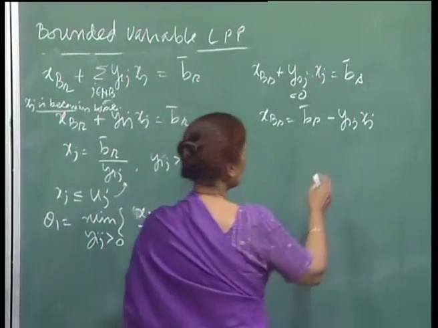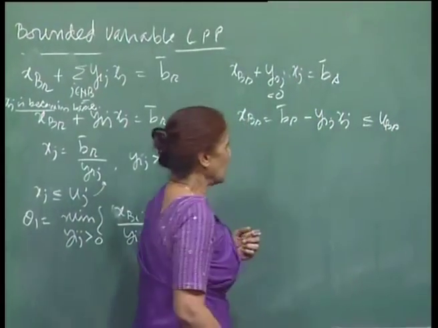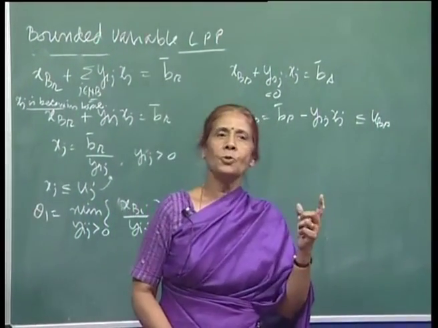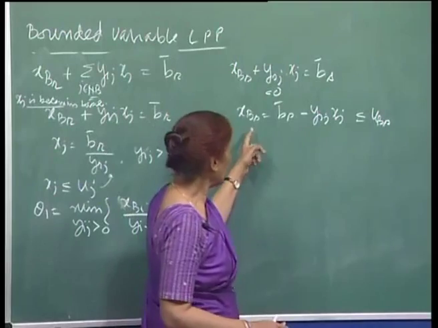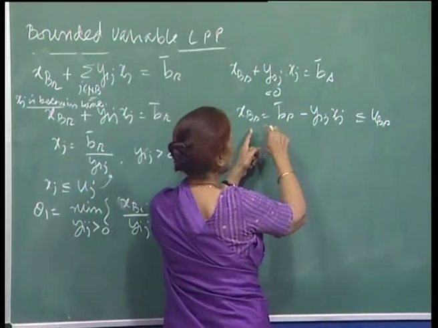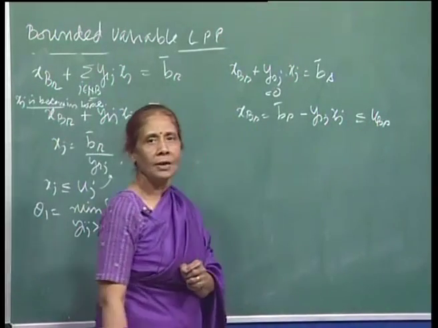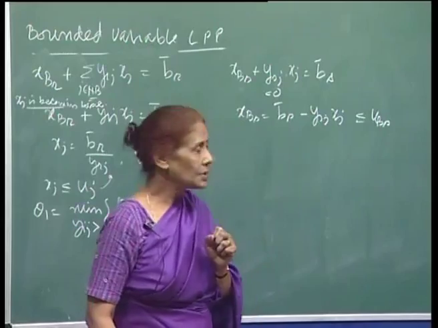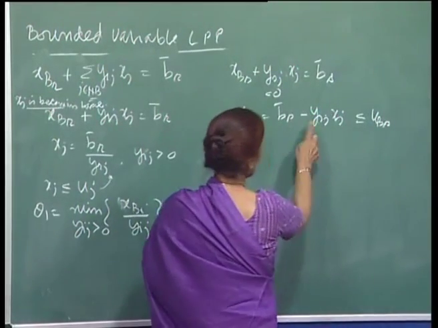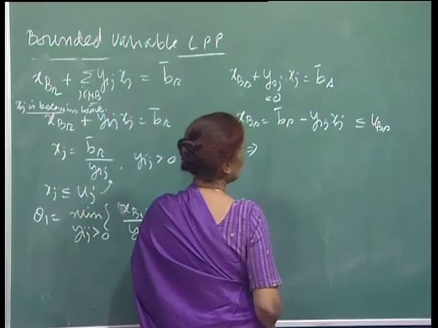But we want this to be less than or equal to UBs. If the variable for which the corresponding coefficient is negative in the entering column has an upper bound constraint, we will be bound by that also. We cannot violate this upper bound constraint. So what is the restriction on xj?